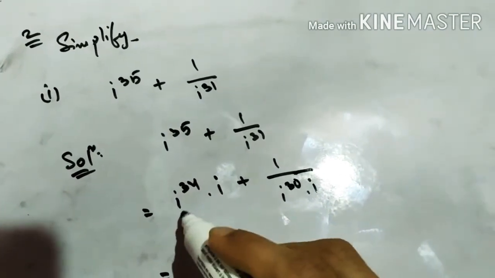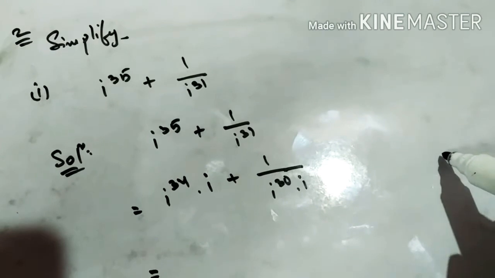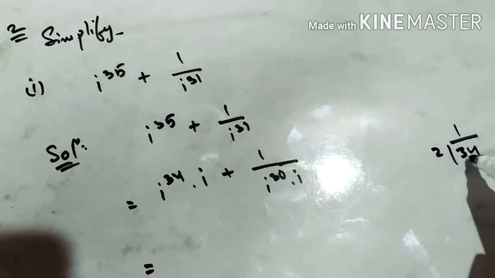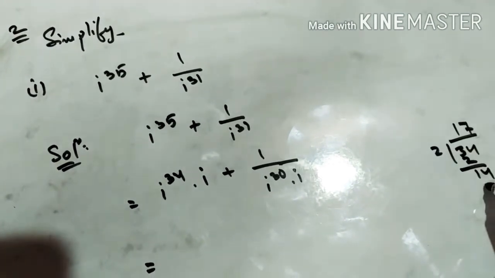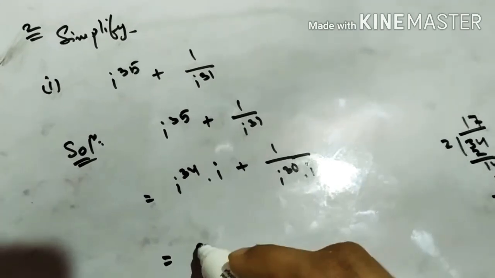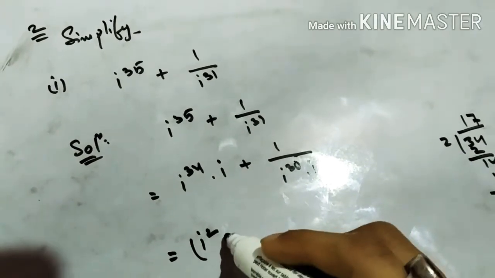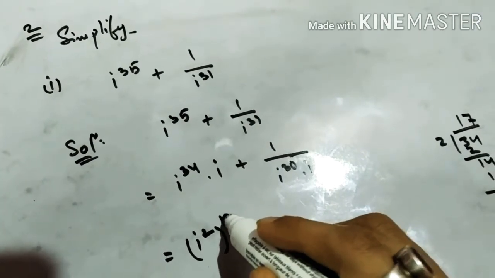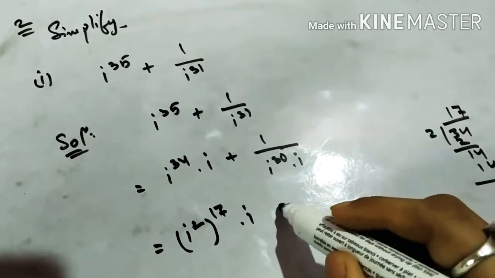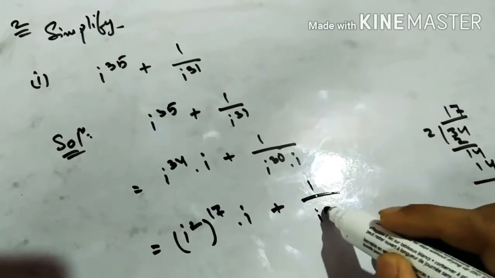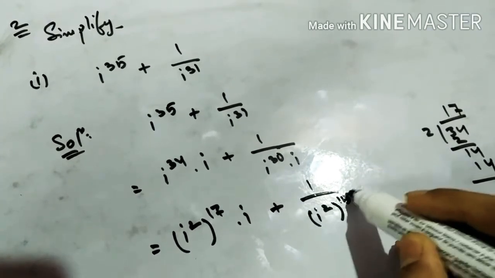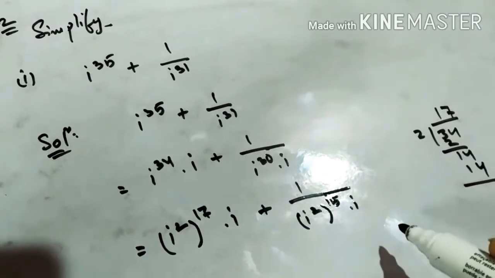I to the power 34: if I divide 34 by 2, I will get 17. So i to the power 34 I can write as i square to the whole power 17 into i plus 1 by i square to the whole power 15 into i.